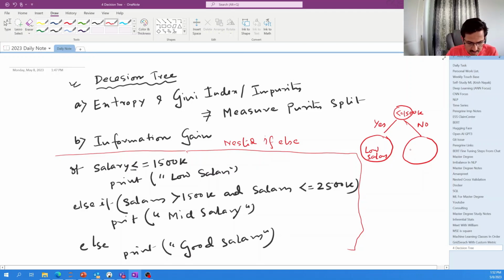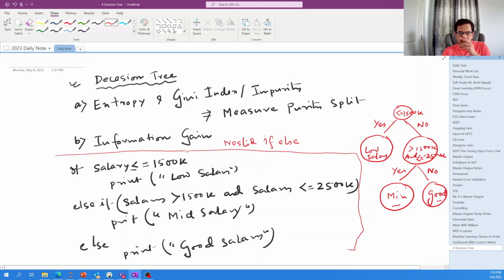So there will be another check, like if greater than 15K and less than or equal to 25K. Based on this check again, you will have yes and no. If it is yes, then it will be medium salary, and if it is no, then it is a good salary.